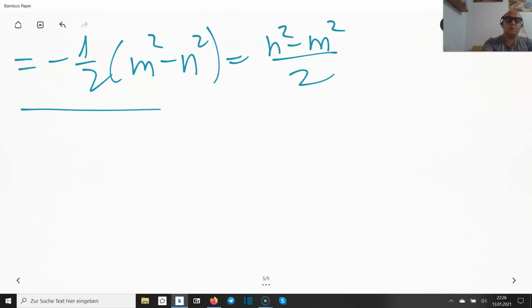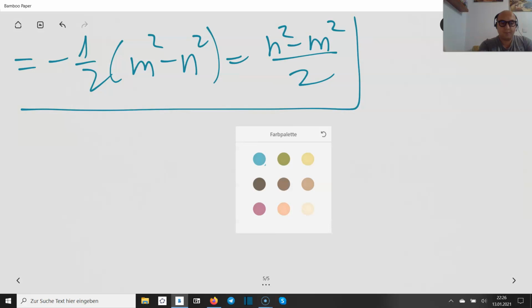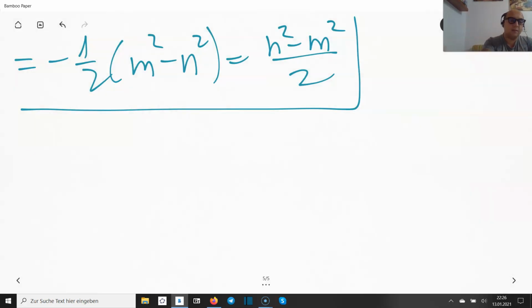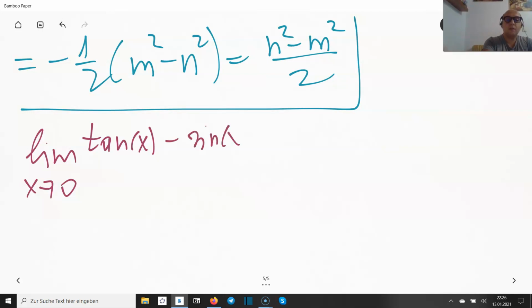And so let's do the last one for today. We're going to show that the limit x towards 0, tangent of x minus sine of x divided over x cubed. Well, what would that be?